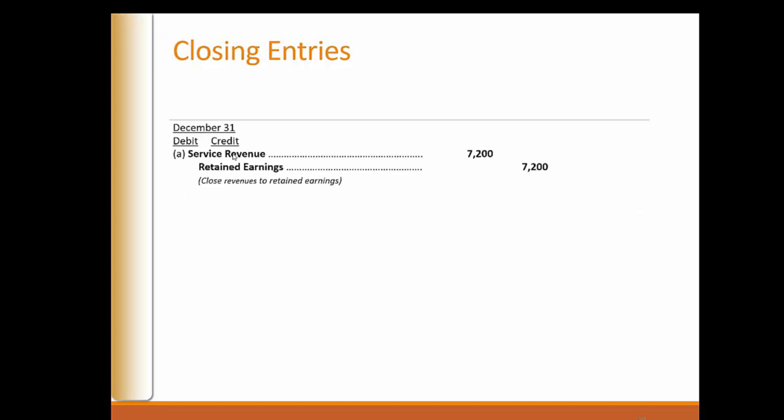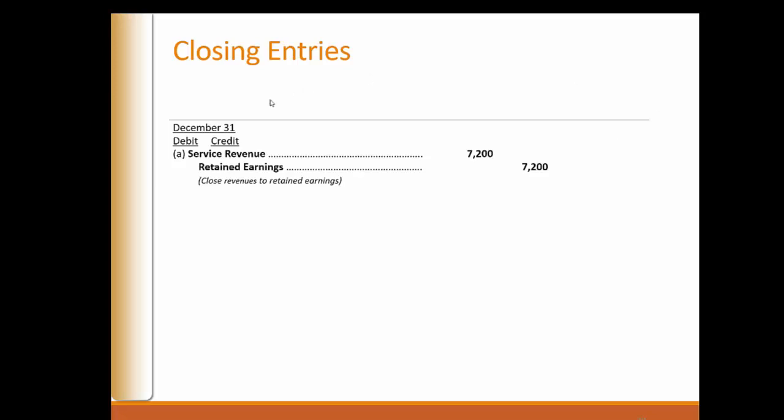So here, do you remember our service revenue had a credit balance of $7,200? Now check this out. If I had a credit balance of $7,200 and I make a debit entry for $7,200, what's my ending balance? That's right, it's zero.